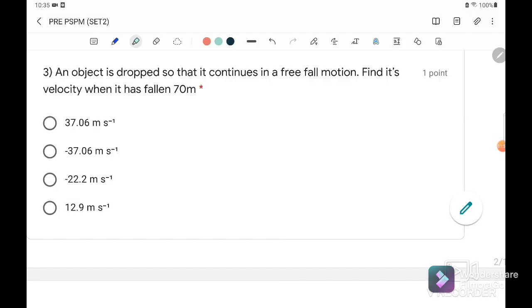Question number 3. An object is dropped so that it continues in free fall motion. Find its velocity when it has fallen 70 meters. Initially u equals 0 because of the word dropped, and g equals 9.81.